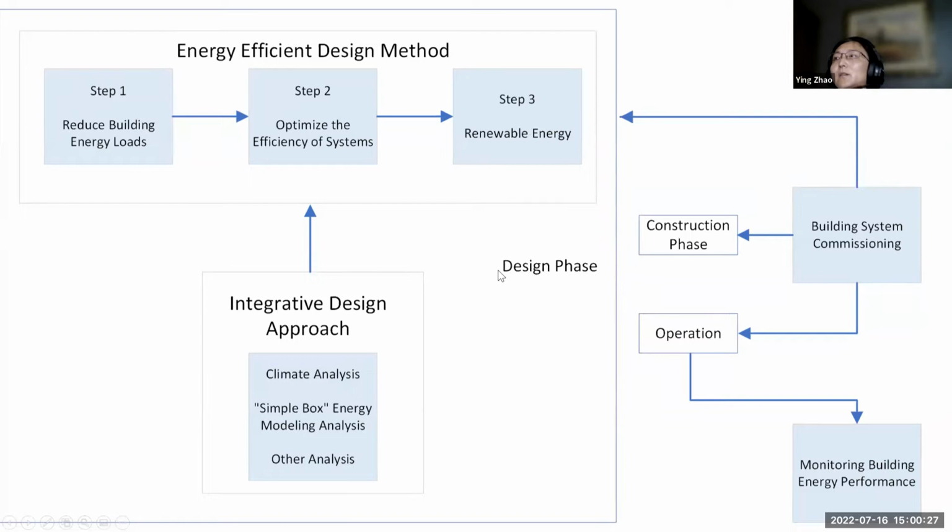In the design phase, especially at the beginning, we use that approach. That approach typically includes climatic analysis and energy modeling analysis, which is a simple box model, not a very detailed analysis. And other analyses based on the team's goals related to energy, for example daylight analysis or natural ventilation analysis.